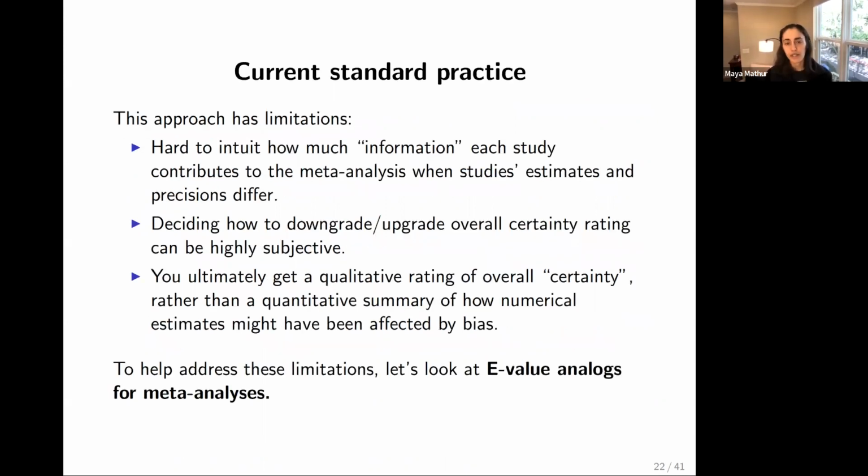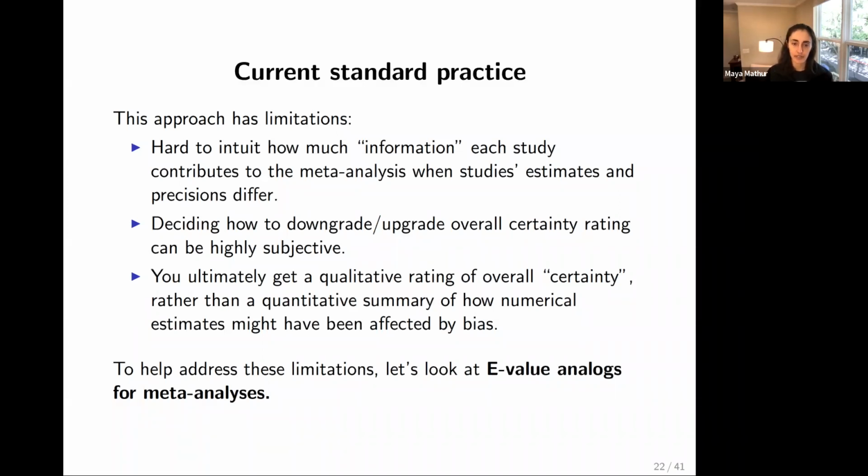One is that it can be hard to intuit how much information each study contributes to the meta-analysis when studies' estimates and precisions differ. And deciding how to downgrade or upgrade the overall certainty rating can be fairly subjective and fairly qualitative.